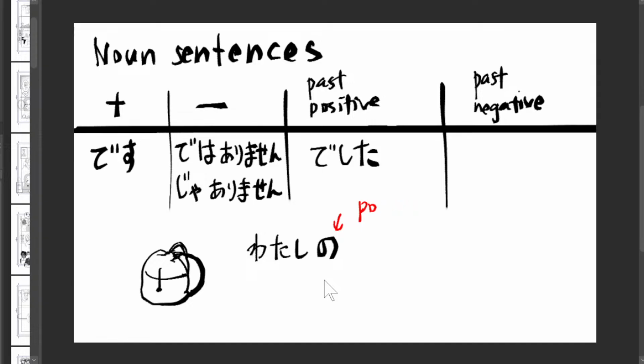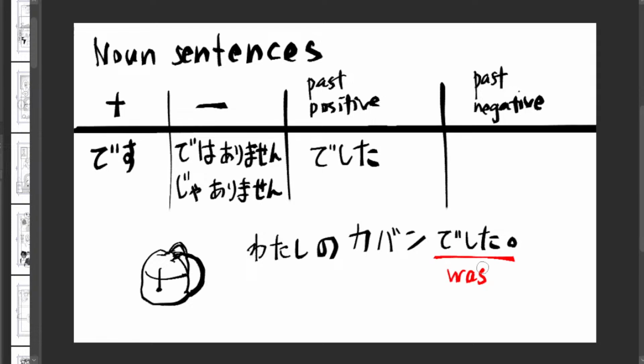Watashi no bag is kaban. Watashi no kaban deshita. It was my bag. Deshita would mean was.